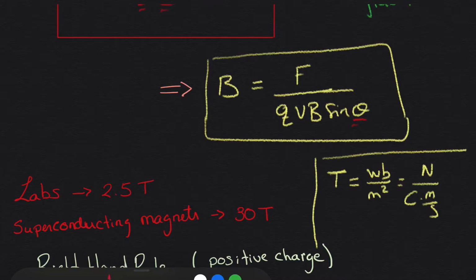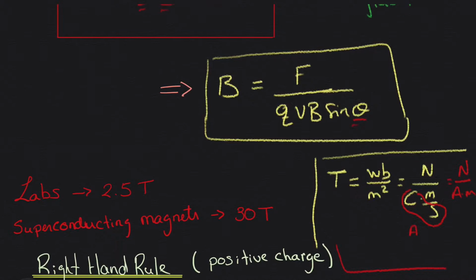We've used this unit before because a Coulomb per second is what we call an ampere, so this is also equal to Newtons per amp meter. A Newton per amp meter is also another unit, which is a Gauss. So 1 Tesla will be equal to 10 to the 4 Gauss. These are the different types of units that you can have with magnetism.